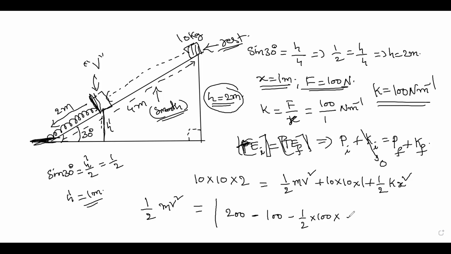X square is 2 whole square. So this 2 and this one will get cancelled. So you get 200 here. This 200 and this 200 will cancel. And you get ultimately half mv square. Half into m is 10 into v square.